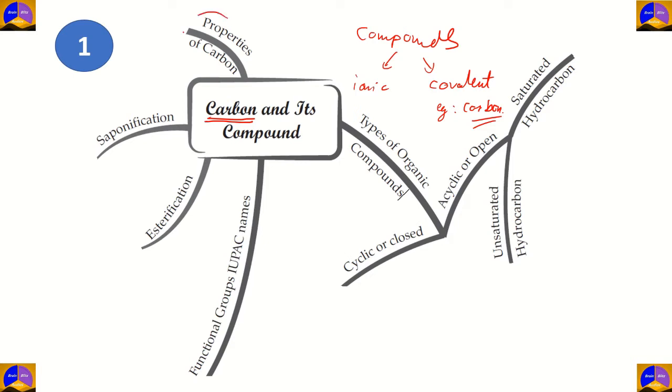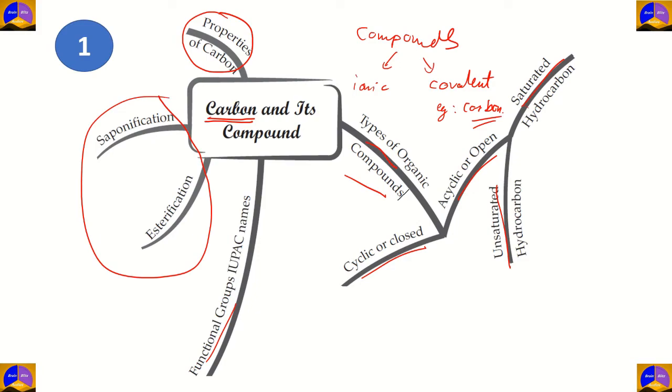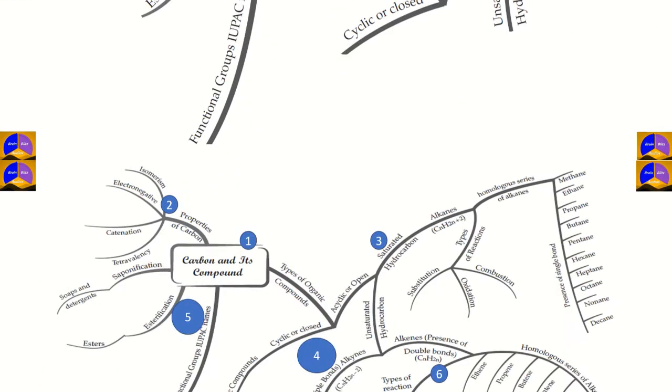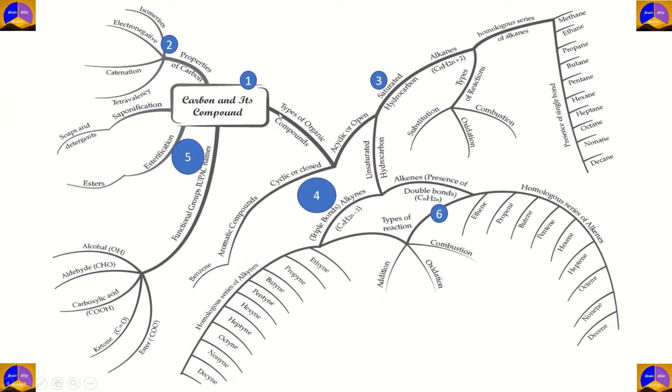So in this chapter, we'll be looking at properties of carbon, the types of organic compounds, especially acyclic, cyclic, unsaturated, and saturated compounds. Then we'll be looking at functional groups in carbon compounds, and then finally some reactions which are related to carbon compounds. So the first topic is related to properties of carbon.